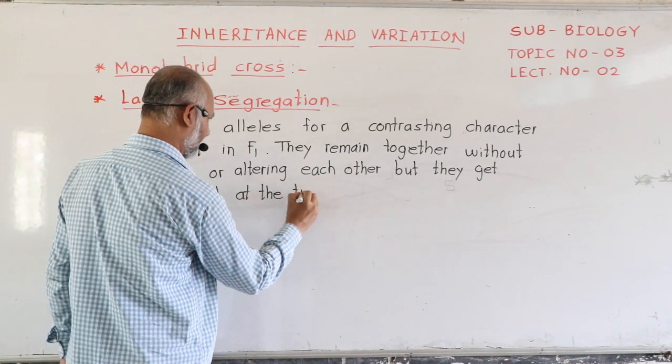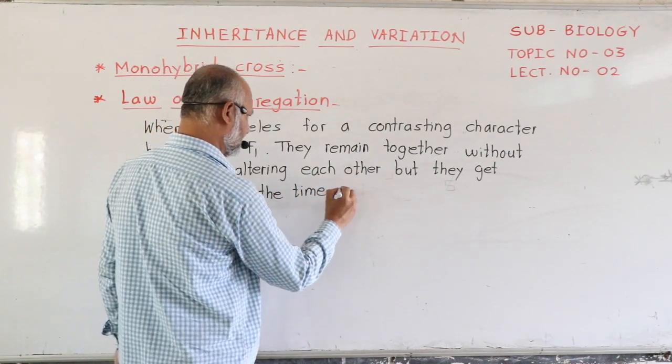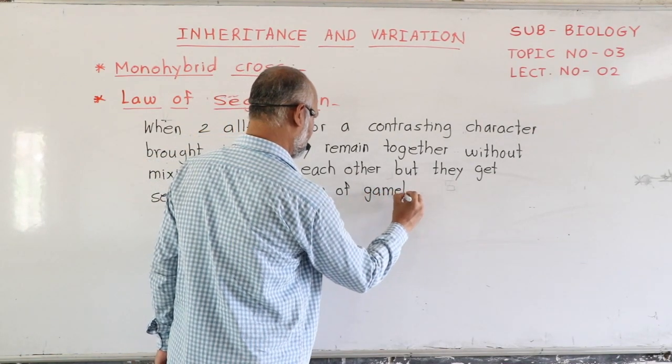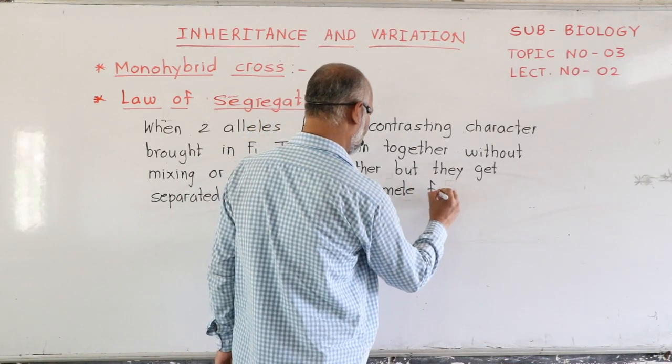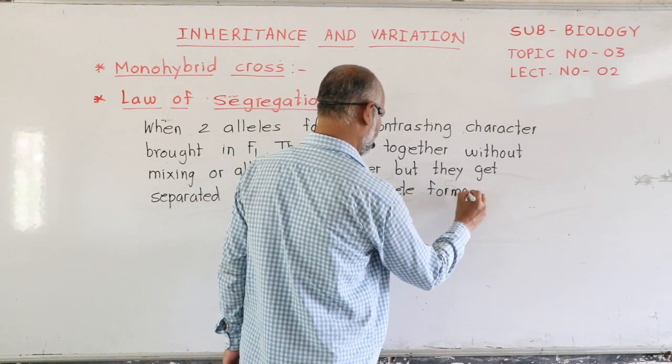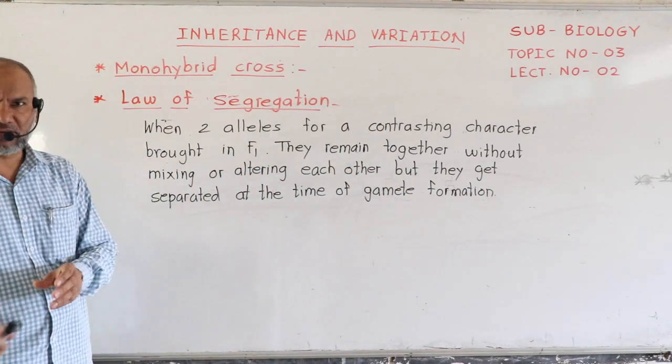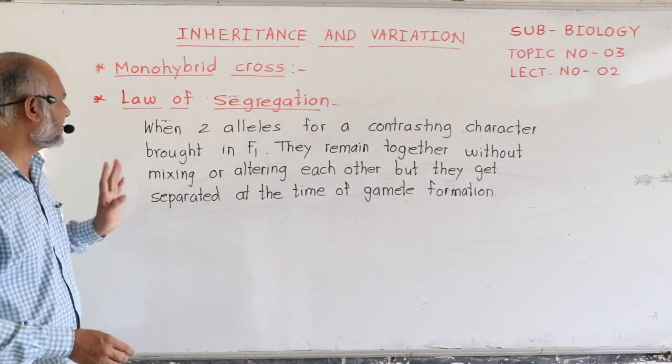What is the law of segregation? When two alleles for a contrasting character are brought together in F1, they remain together without mixing or altering each other, but they separate or segregate at the time of gamete formation.